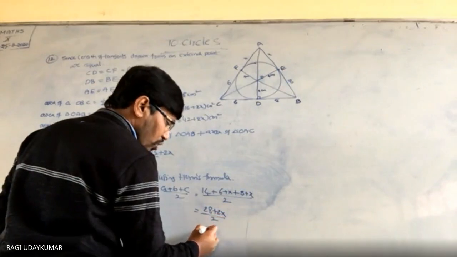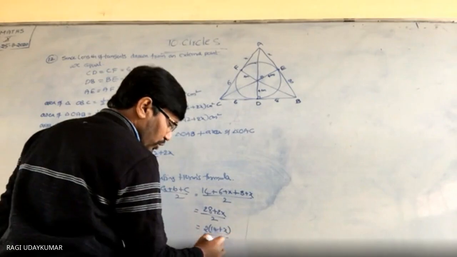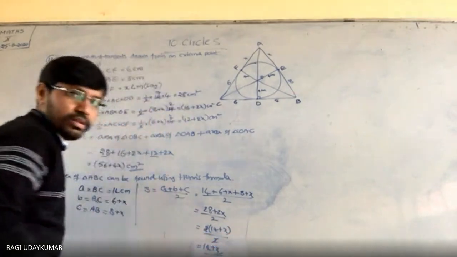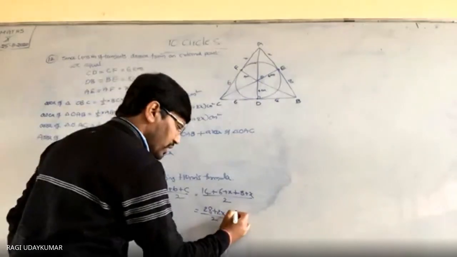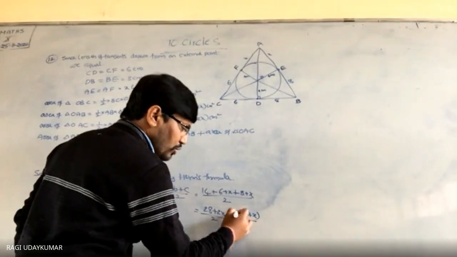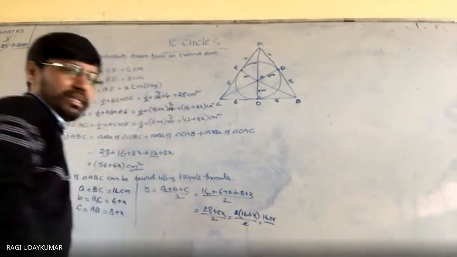Taking 2 common in the numerator, 14 plus x by 2. Is it visible to you? Here I am taking 2 common. So the s value we are getting is 14 plus x.